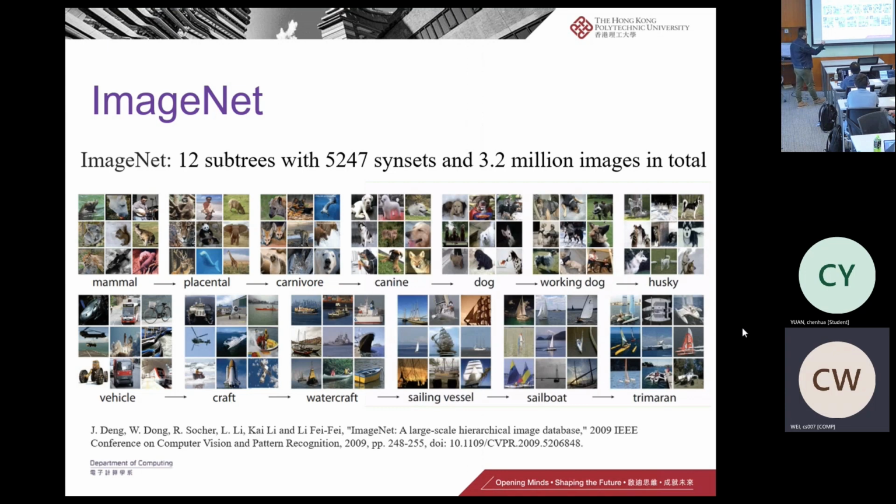But anyway, this is a very large dataset, and there are many variants of the same class. And at such a very large scale, it gives people the chance to train classifiers which can be used in different environments and also deal with different variants. So this is ImageNet.